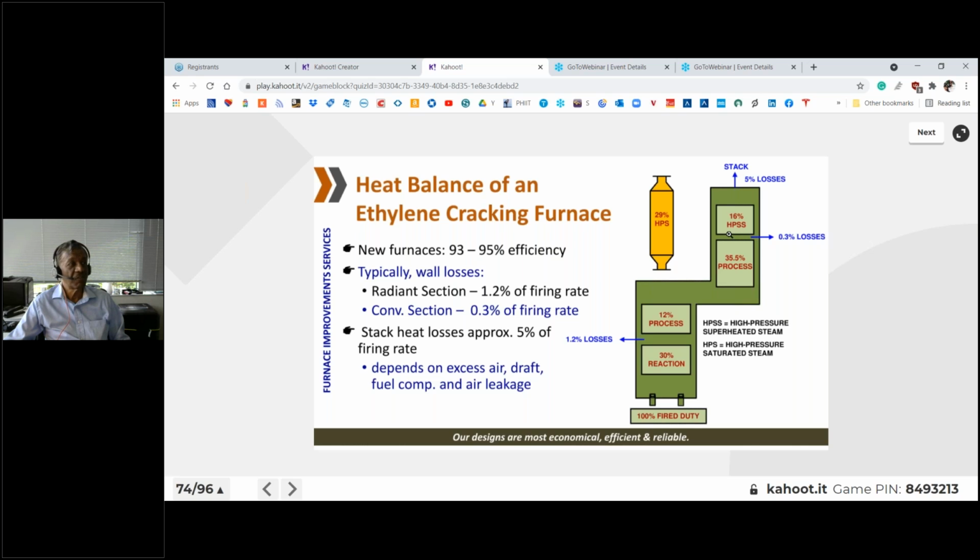That is basically what is going into this. For new furnaces, typical efficiency could be anywhere between 93 to 95%. Heat loss is about 1.5%, and stack heat losses are typically about 5%.